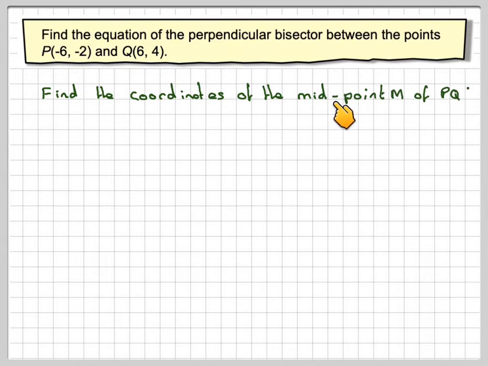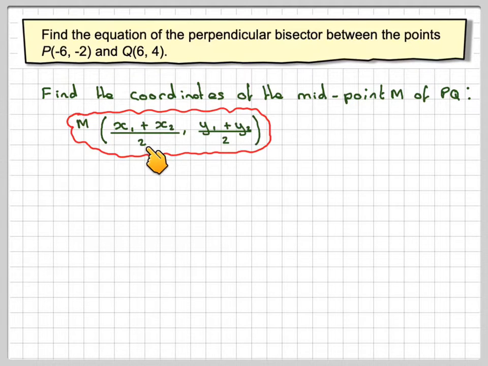Okay, so the steps are as follows, as explained in the GeoGebra applet. Find the coordinates of the midpoint M of PQ. The midpoint formula in coordinate geometry is (x1 plus x2 over 2, y1 plus y2 over 2). It's a good idea to label underneath each of these: this one is x1, y1, and this one is x2, y2.